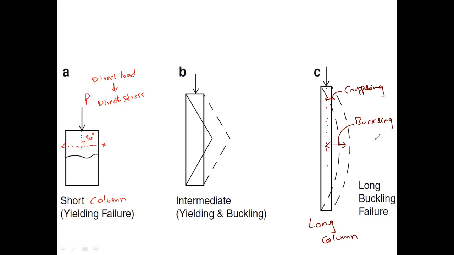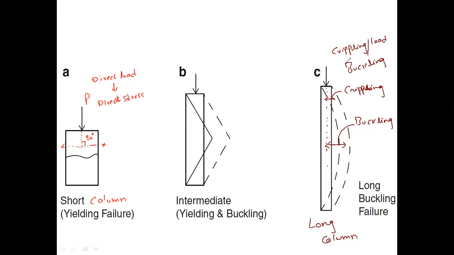Understand? So what you understood here, long columns will fail due to what load? Crippling load, crippling or buckling load. Right? Yes or no?